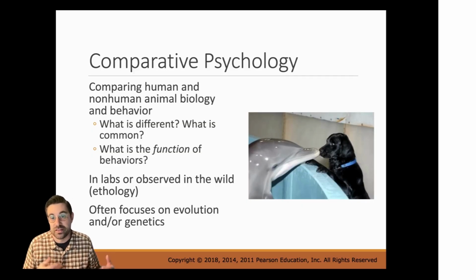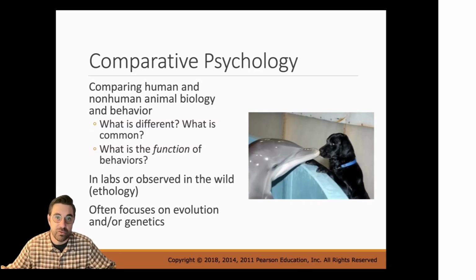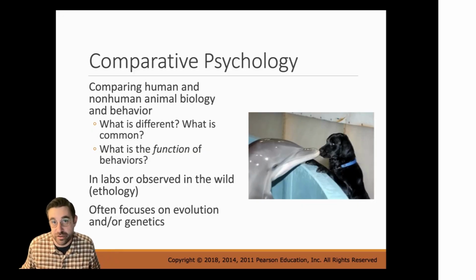So, what's similar in the way that humans and dolphins think or behave or feel. Okay. And one of the big questions we're trying to answer here is something about the function of behaviors. Okay. So, if a behavior or an emotion is common for me and for most animals, then there must be a general function, right? That's good for all of us.